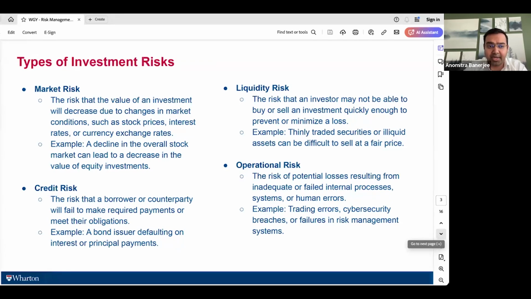The second would be credit risk. It is the risk that a borrower may fail to make required payments. For example, say you bought a bond. We learned about bonds over the first four of my workshops. So you buy a bond of, say, company XYZ, and then they falter on paying the required payments to you.